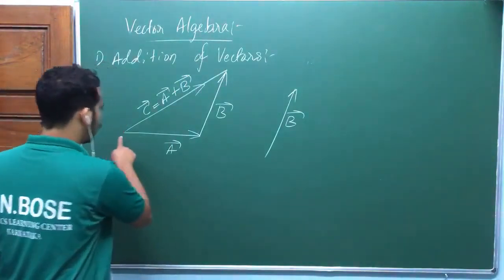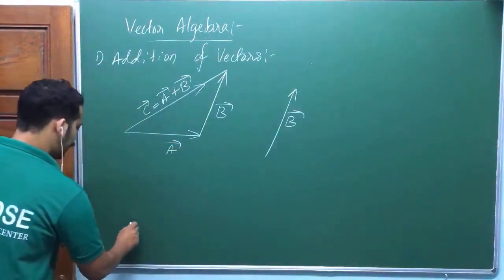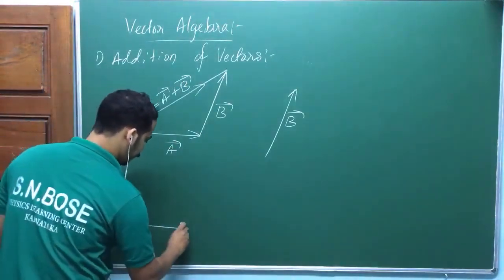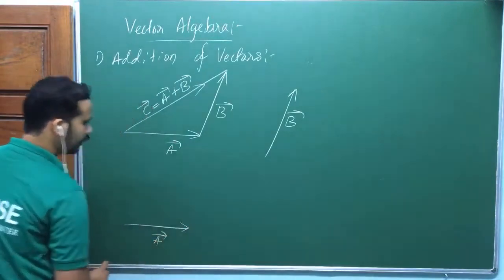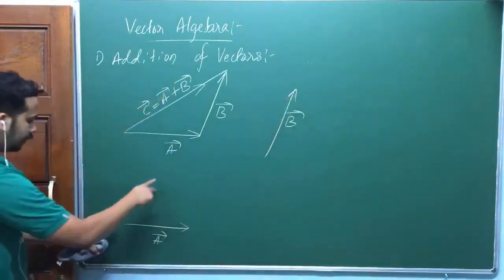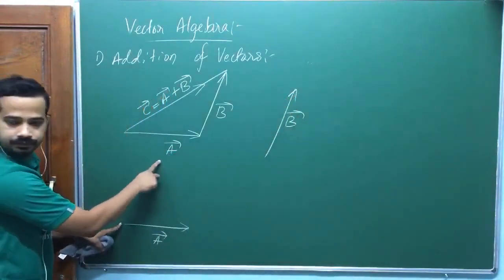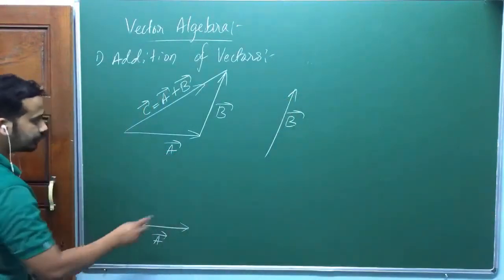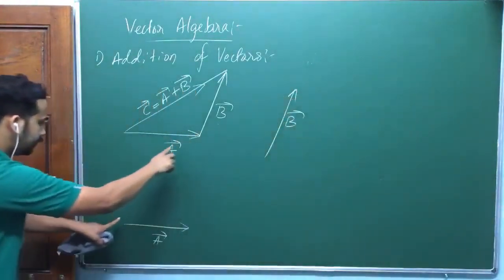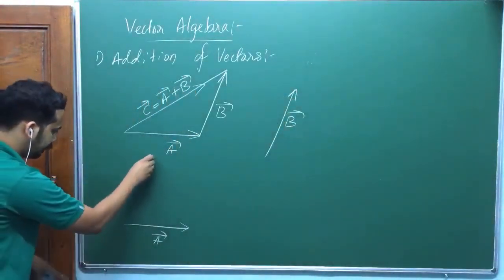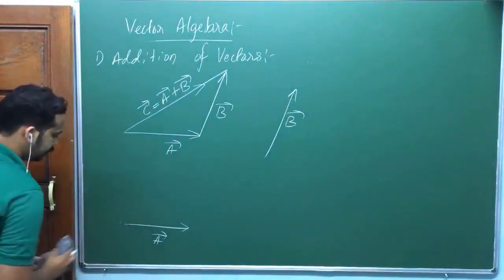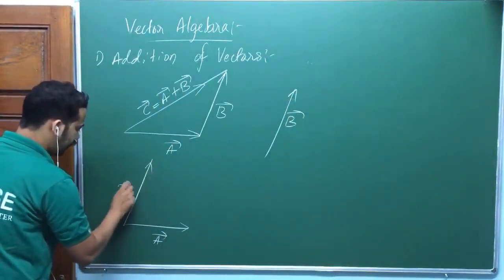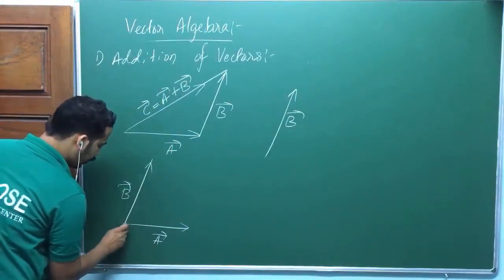Suppose you have vector A, vector B. Take vector A here as a side of a parallelogram. Take vector B here, and draw a parallelogram.